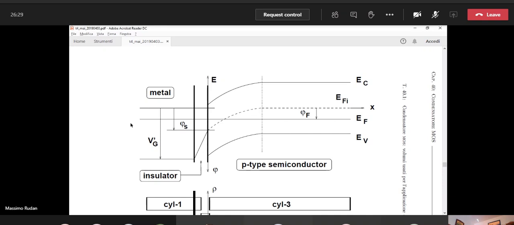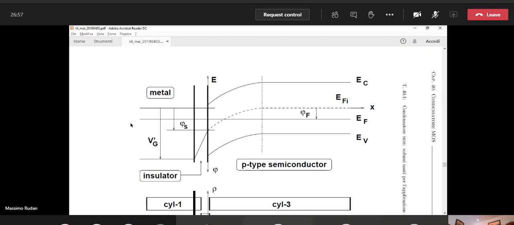And the contact on the semiconductor that is on the right in this figure is called the bulk contact. So we apply some voltage that we call V sub G, between the gate contact and the bulk contact. And we assume that this voltage is constant with respect to time.